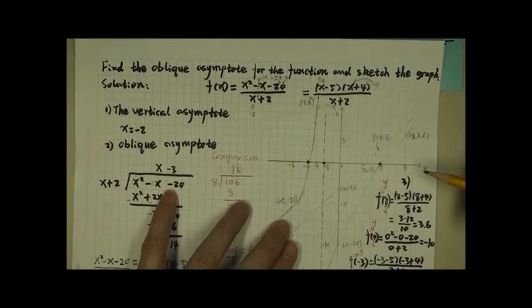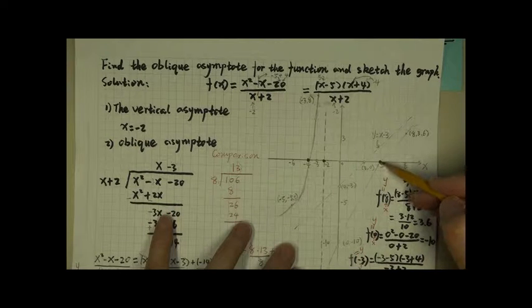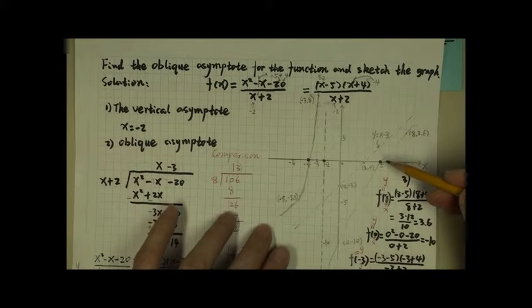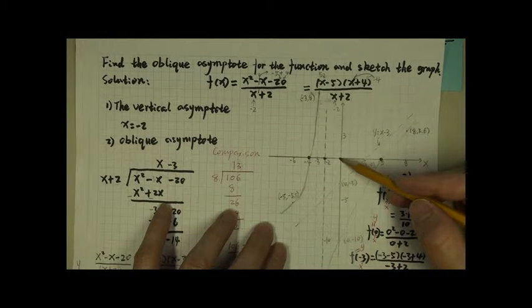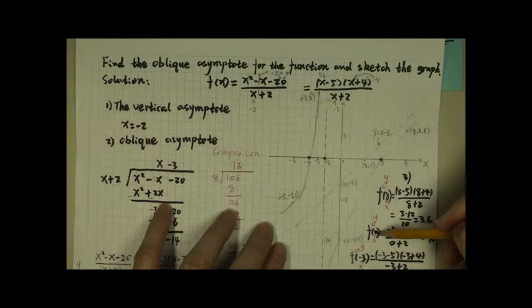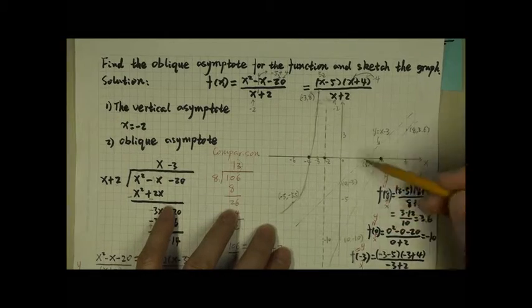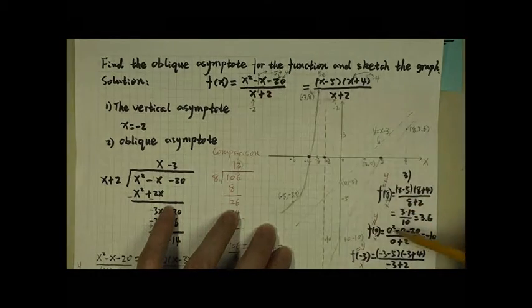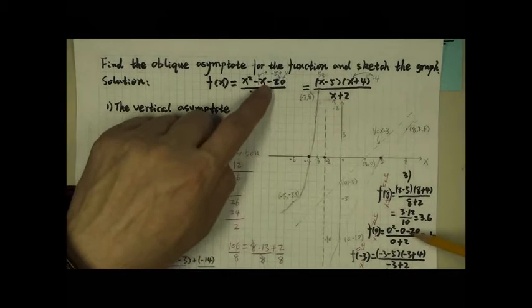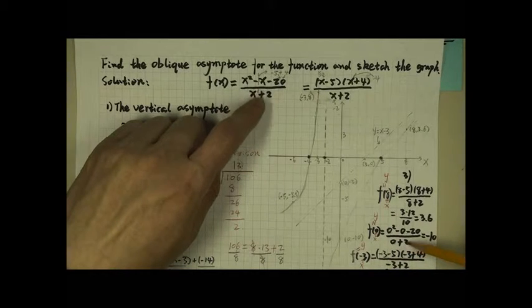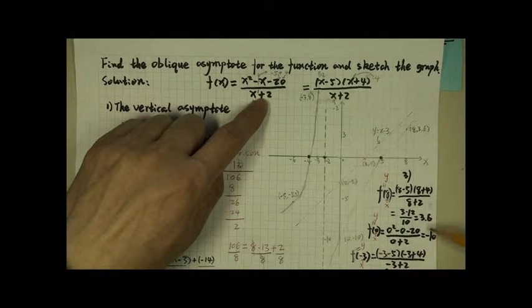If this part is positive, then between these two you know for sure it is negative. But we pick a point. An easy point will be 0, between negative 2 and 5. You pick 0 for x and put it in: 0 squared minus 0, minus 20 upstairs, and 0 plus 2 downstairs.